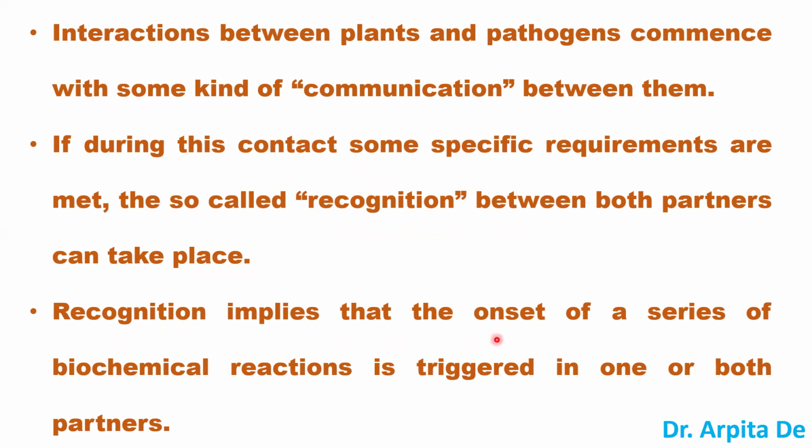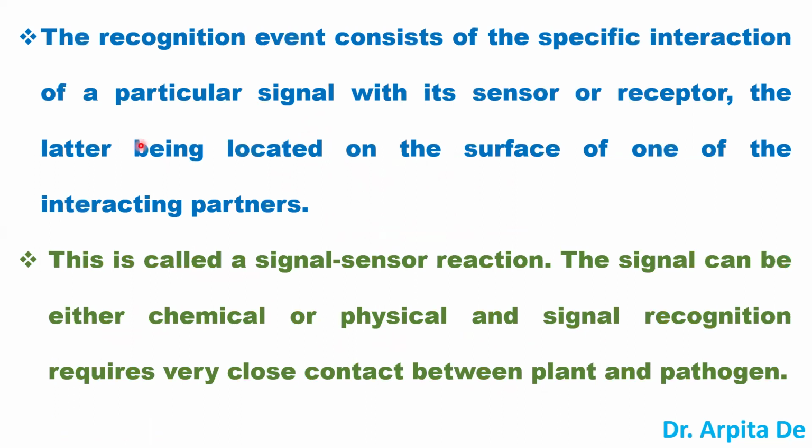Recognition implies that the onset of a series of biochemical reactions is triggered in one or both partners. The recognition event consists of the specific interaction of a particular signal with its sensor or receptor, the latter being located on the surface of one of the interacting partners. This is called a signal-sensor reaction.